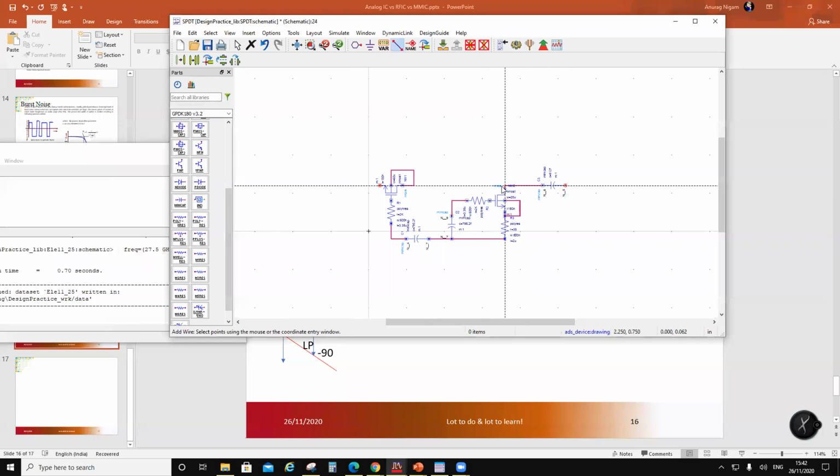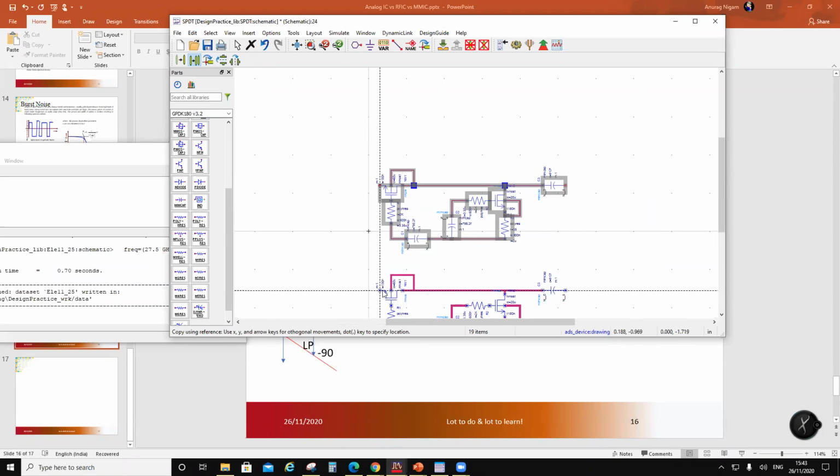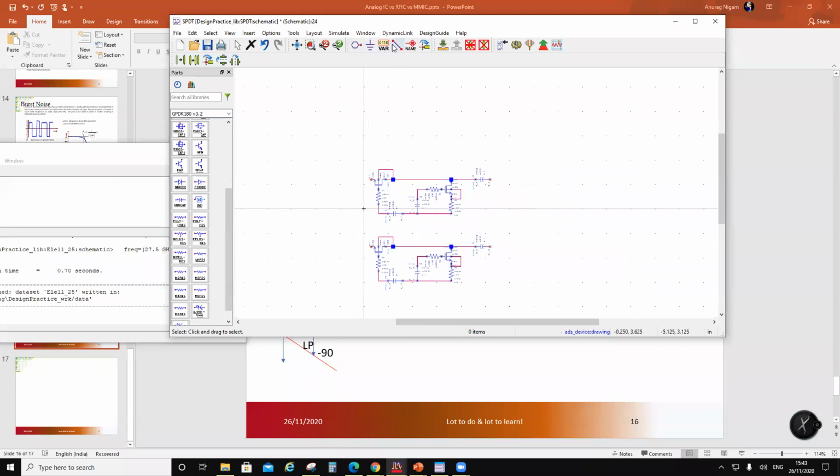Now I can connect this like this. Now, in a SPDT switch, this is one path. The other path is going to be a parallel path, which is over here.